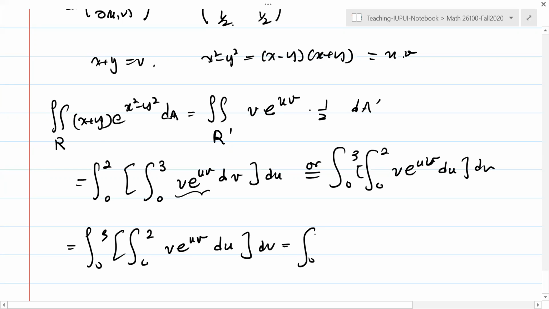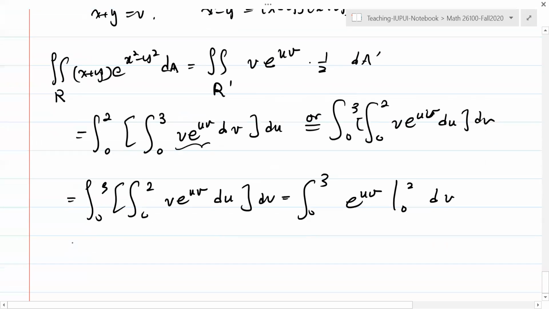The antiderivative of v e to the uv with respect to u is just e to the uv, because when you differentiate with respect to u, you get v times e to the uv. Then evaluating at the two endpoints, you get e to the 2v minus e to the 0.